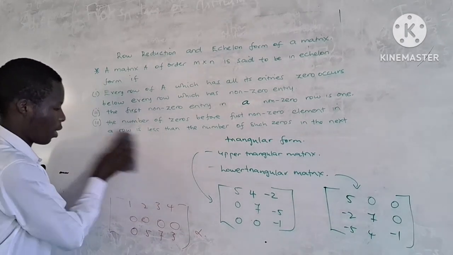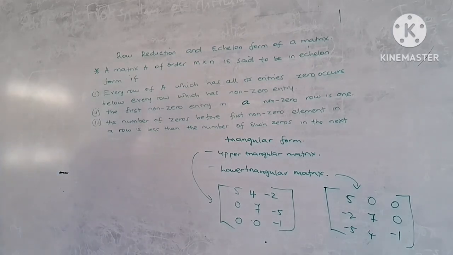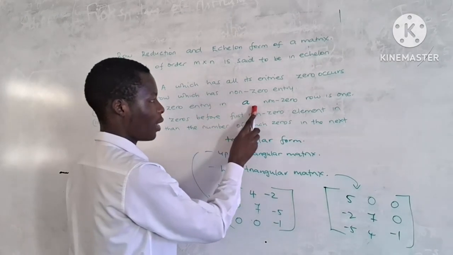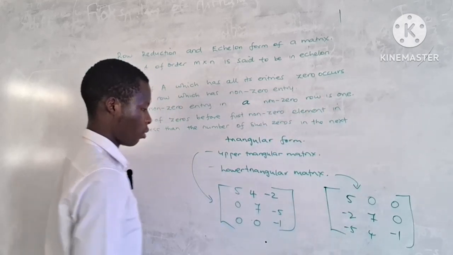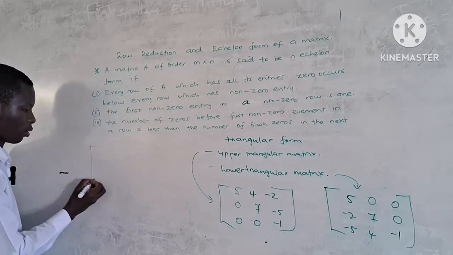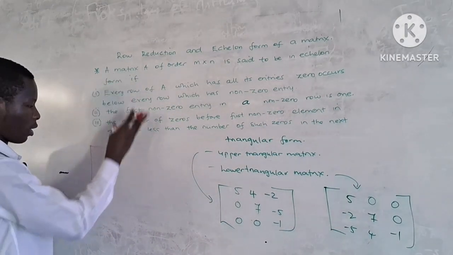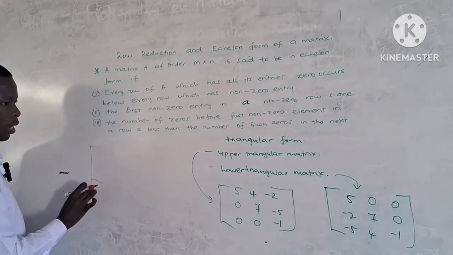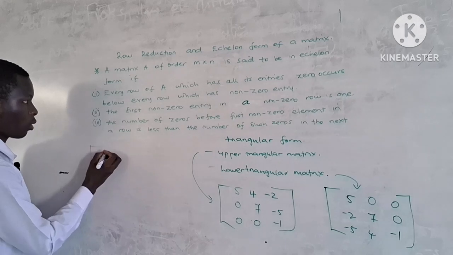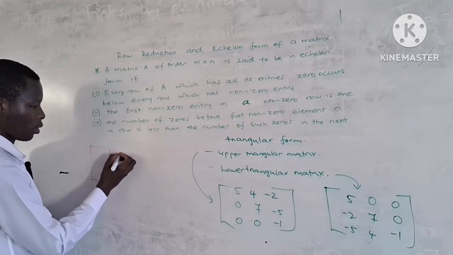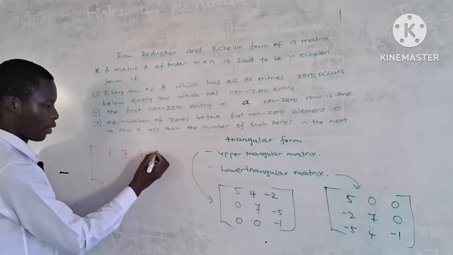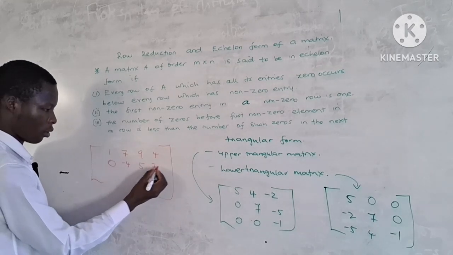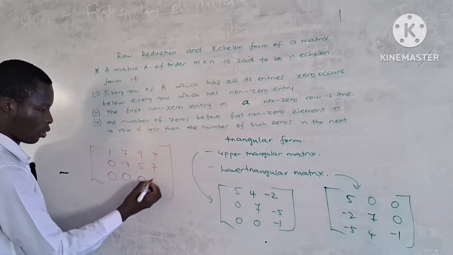Point number 2. The first non-zero entry in a non-zero row is 1. Let's say we have reduced a certain matrix into echelon form. So I'm saying 1, 7, 9, 4, 0, negative 4, 5, 7, 0, 0, 0, 0.